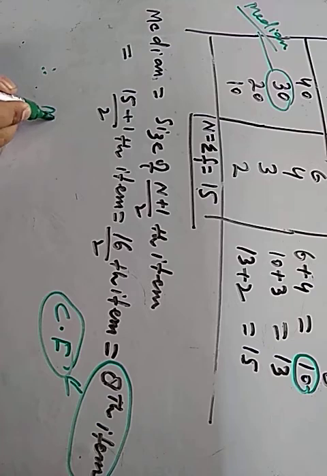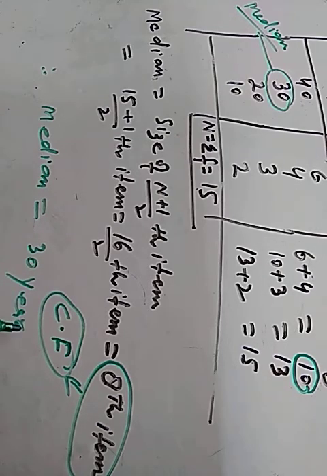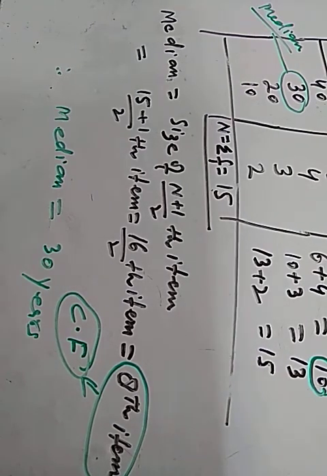Therefore, the value of median is equal to 30 years. That is how we calculate the median value in case of discrete series. I hope you have got it. Thanks.